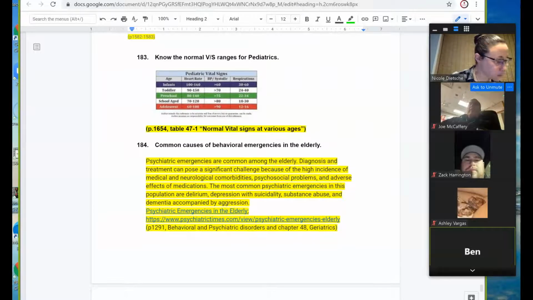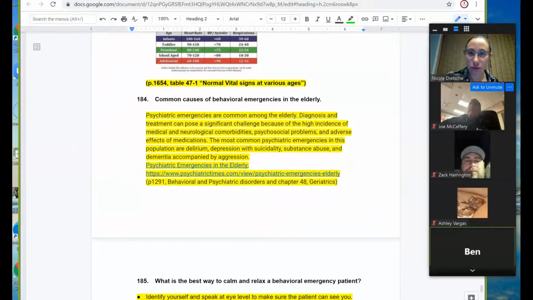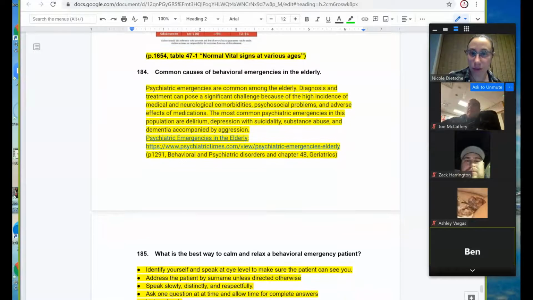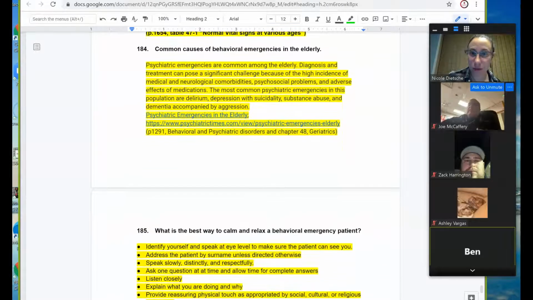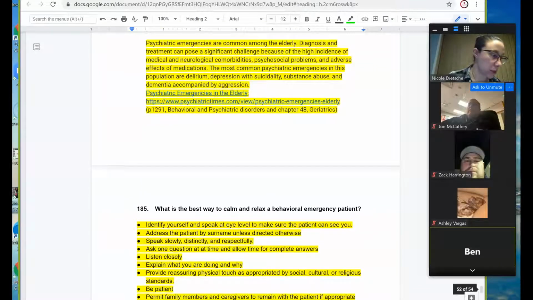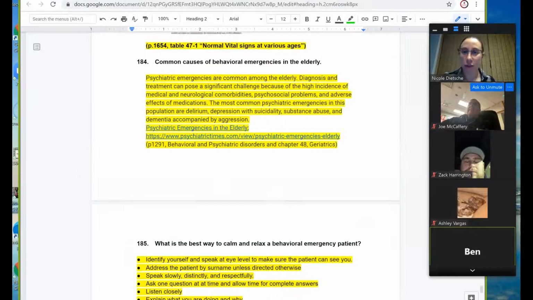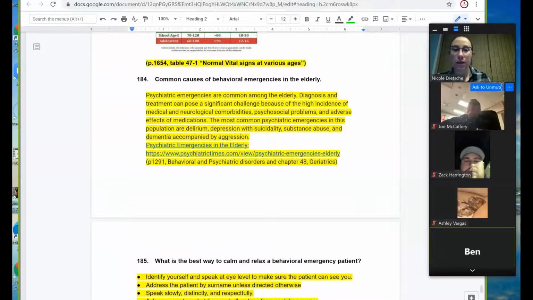Good. Okay. Just remember the elderly also have very high rates of depression.